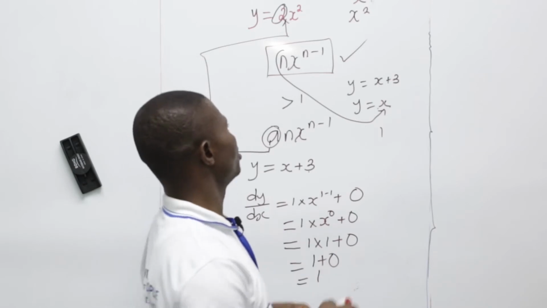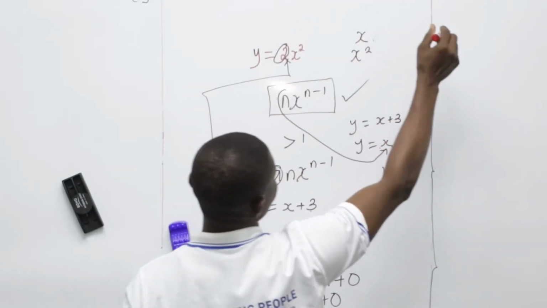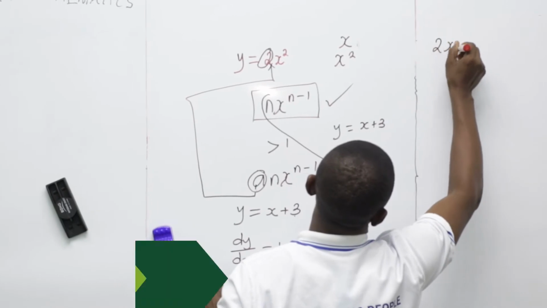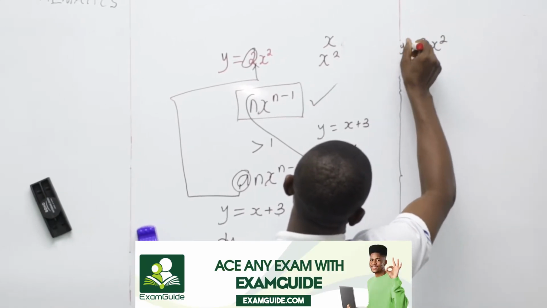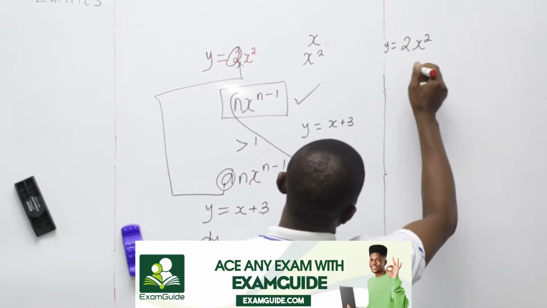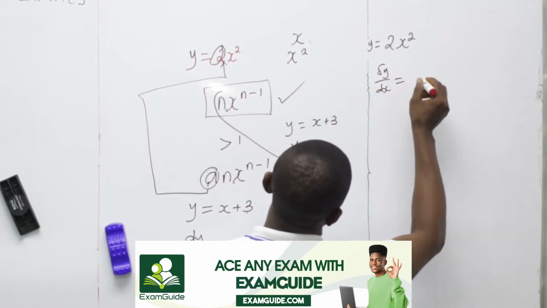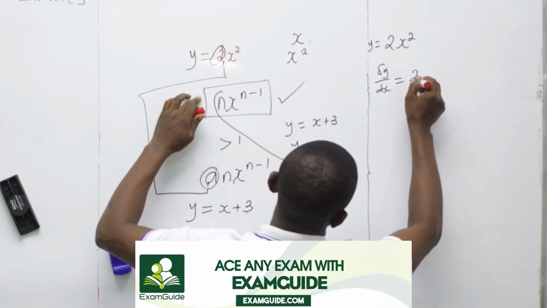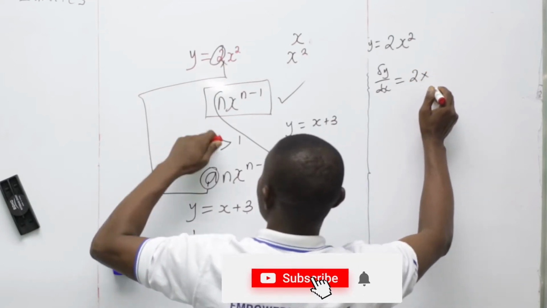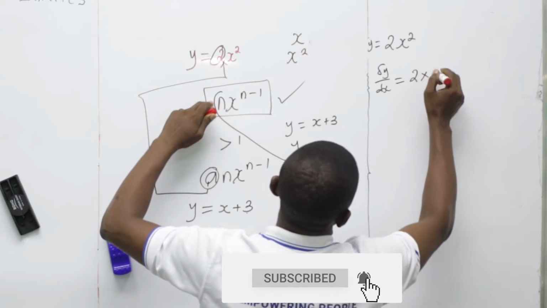1. But to test it with this, you will have 2x squared. If y is the function of this, dy/dx equals a, which is 2, multiplied by n. What is the n? The power.